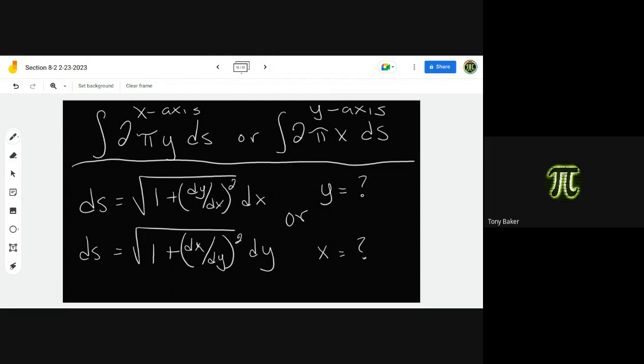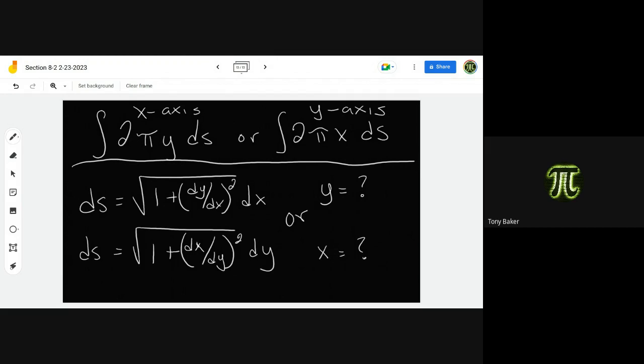So let's say you're rotating around the x-axis, and you have the equation solved for x equals. I'm using this and this. Okay, because it's rotating around the x-axis, and I have the equation solved for x equals. See how this is dy?